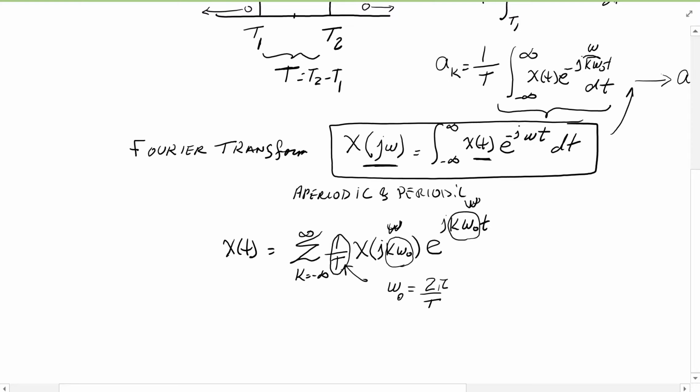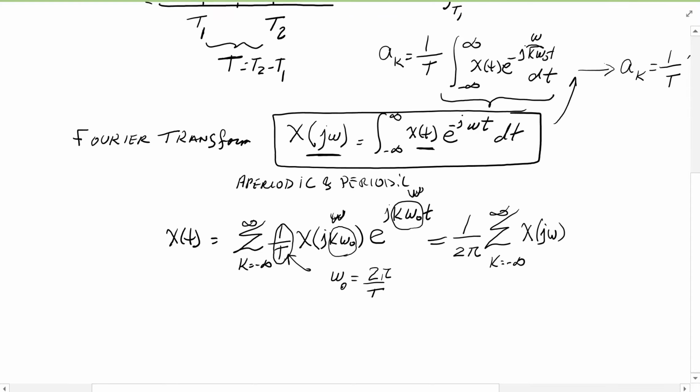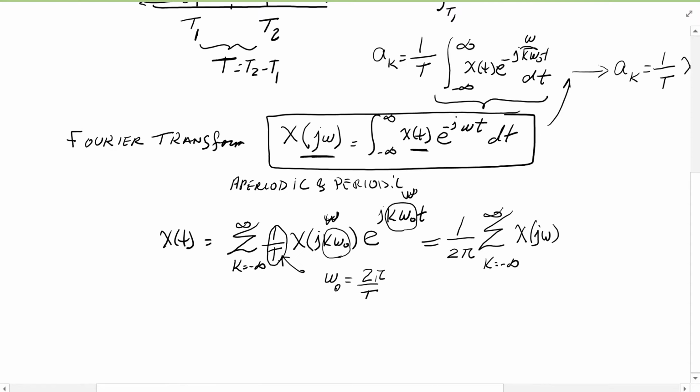There's no k here. So if I clean this up just a little bit, I can write this thing as 1 over 2 pi. My summation is still going to be k going from minus infinity to infinity, and then x of j omega will stay, so I'm replacing k omega 0 with omega, e to the j omega t.